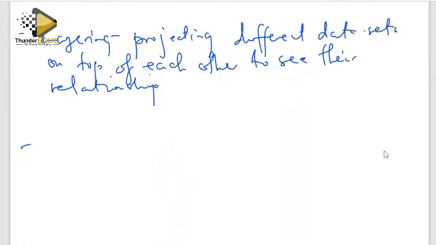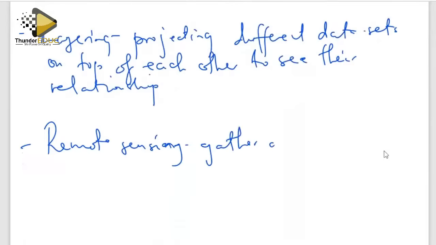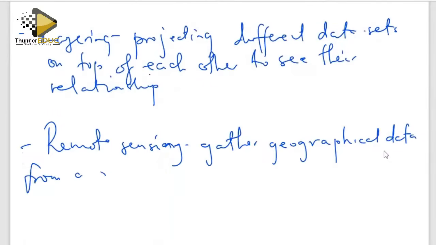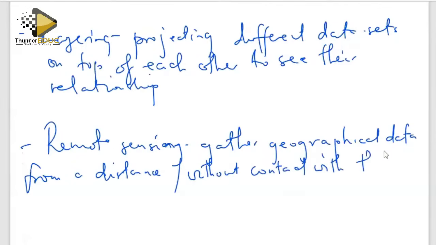We are looking at a situation whereby we gather geographical data from a distance or without contact with the geographical space.